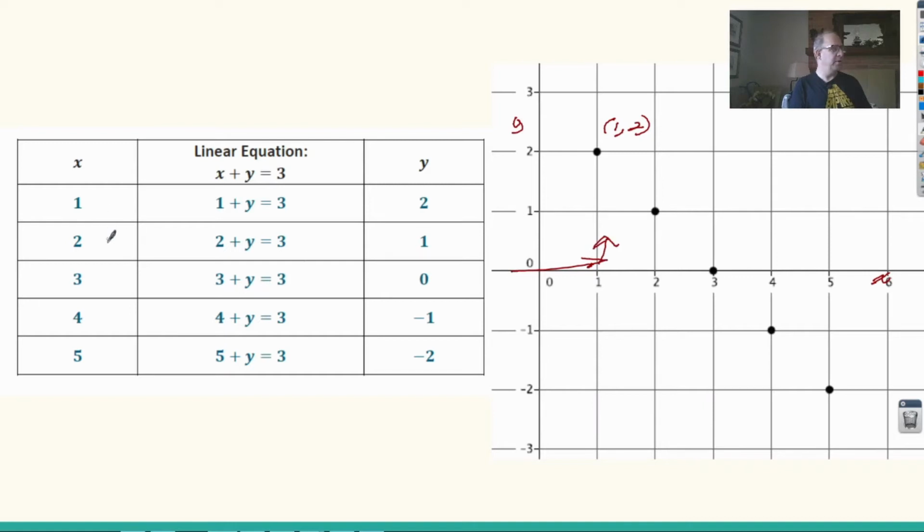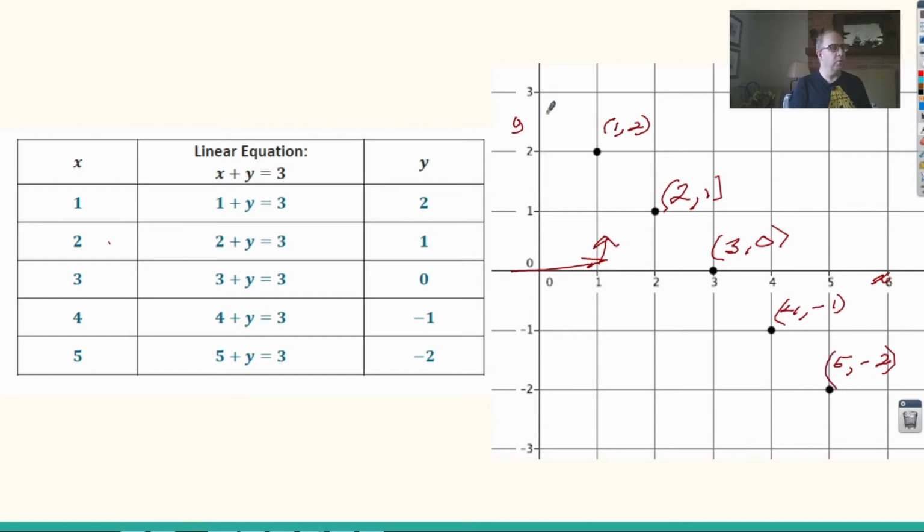So the next coordinate point is x is 2. If I choose a 2 for x, then I get a 1 for y. So that's this point. And the third one, if I choose a 3 for x, I get a 0 for y. If I choose a 4 for x, then I got a negative 1 for y. And if I choose the 5 for x, then I got a negative 2 for y.